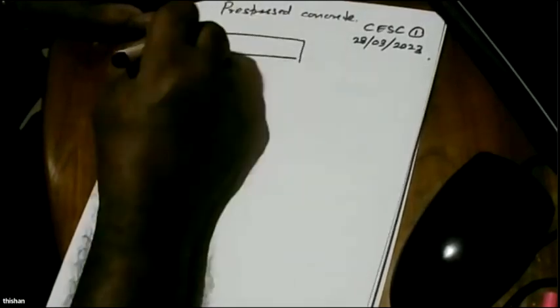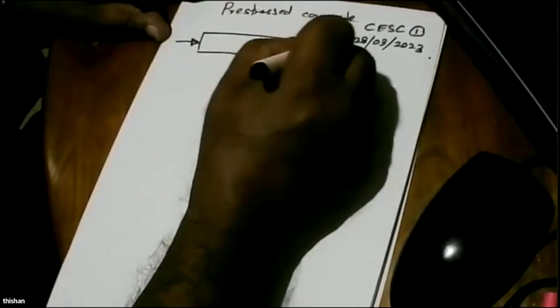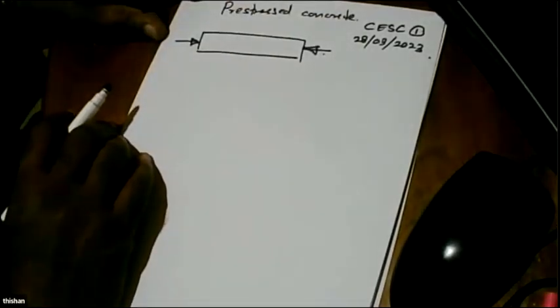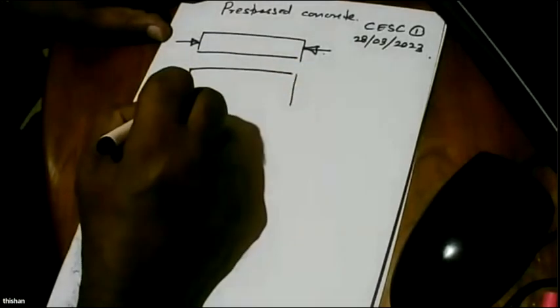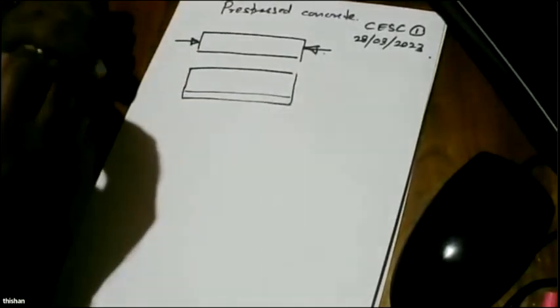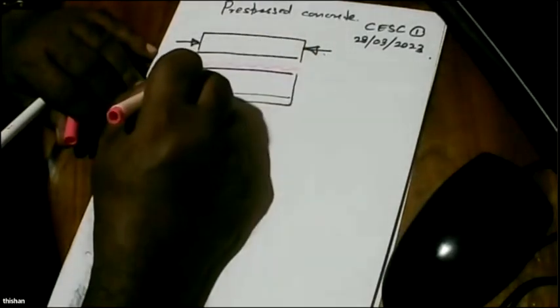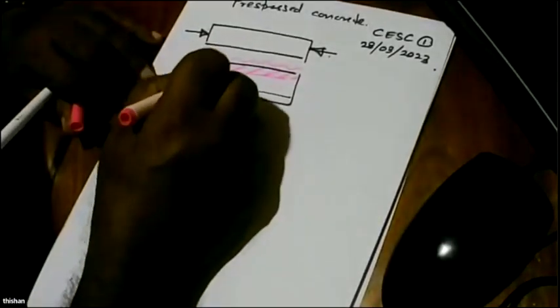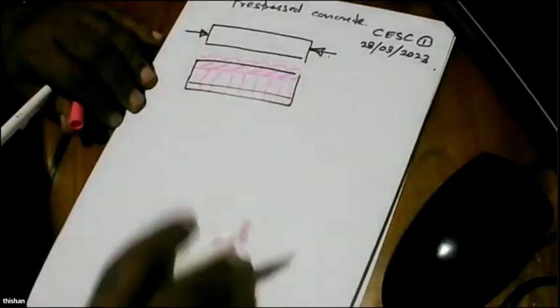Actually, people thought that by applying a stress to concrete, the behavior of concrete can be improved, because when you have reinforced concrete with some reinforcement, when you apply loads, there will be some area in compression, and below that it's cracked. So people thought, okay, can't we improve this behavior?